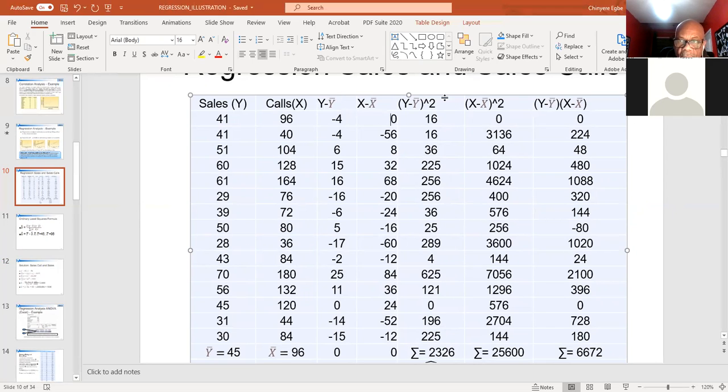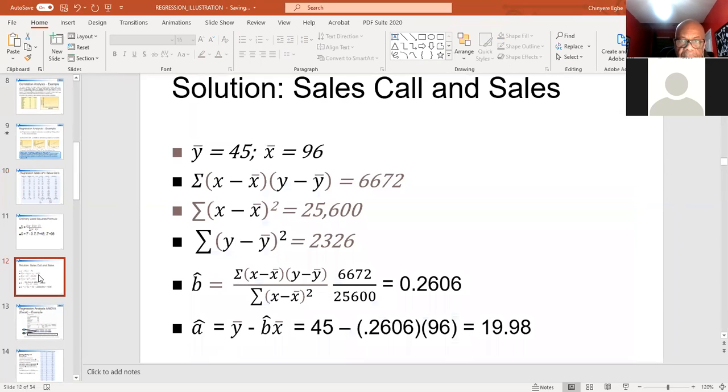4 times 0 is 0. But minus 4 times minus 56 is 224. And 6 times 8 is 48. And 15 times 32 is 480. So when you're done, you sum them also. And so this is what I have done here.